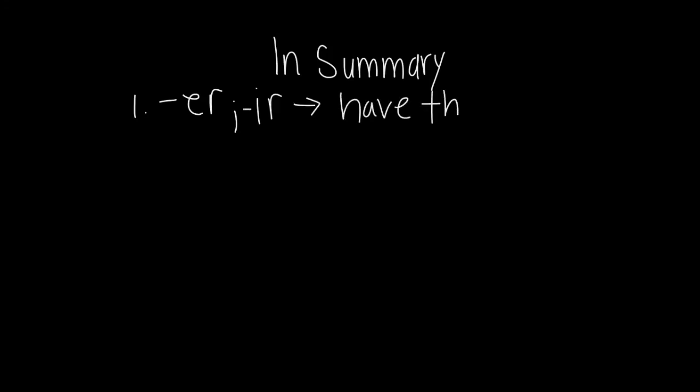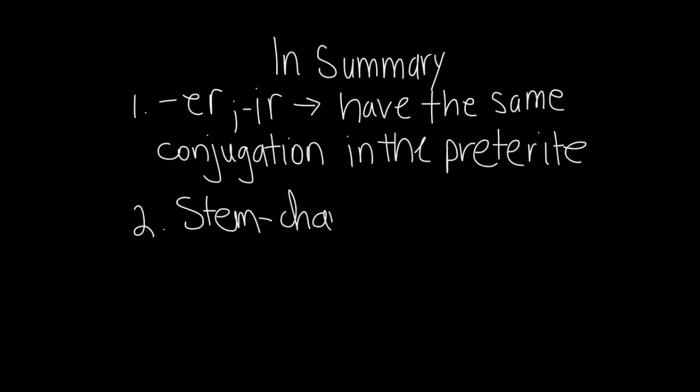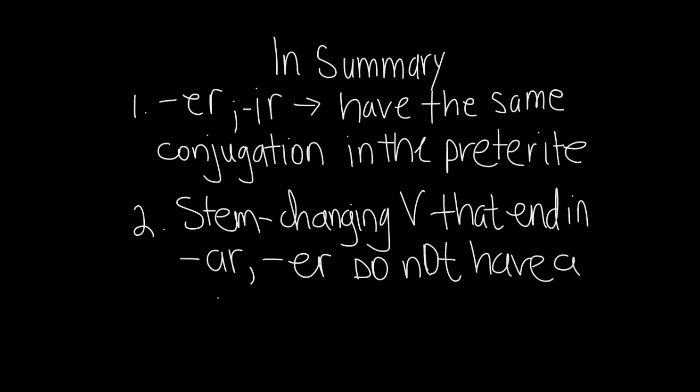So in summary, here are the topics that we covered in this video. First, in general, verbs that end in -er and -ir have the same pattern of conjugation in the preterite. Second, verbs that have a stem change in the present and end in -ar and -er do not have a stem change in the preterite.